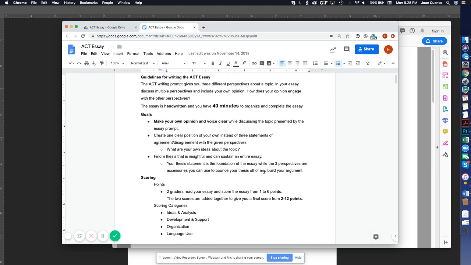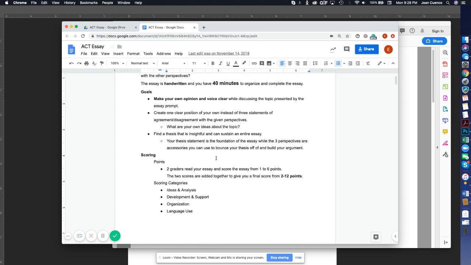So let's talk about scoring. There will be 2 graders reading the essay. Each of them will give you a minimum of 1 point up to 6 points each. So the 2 scores are added together to give you a final score between 2 and 12 points.